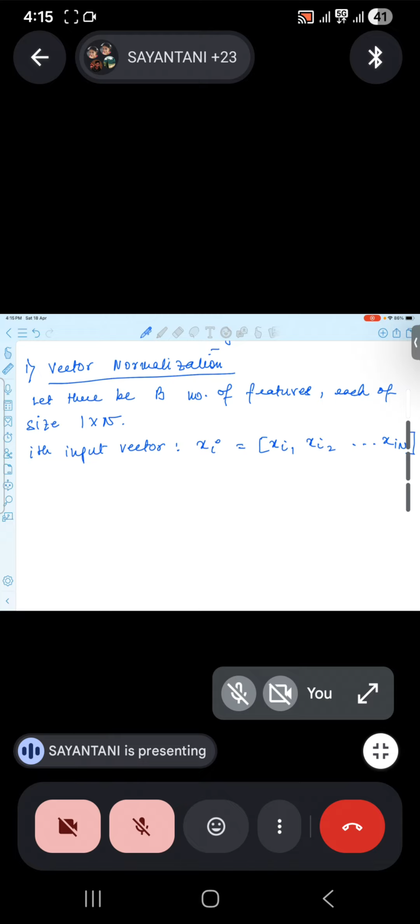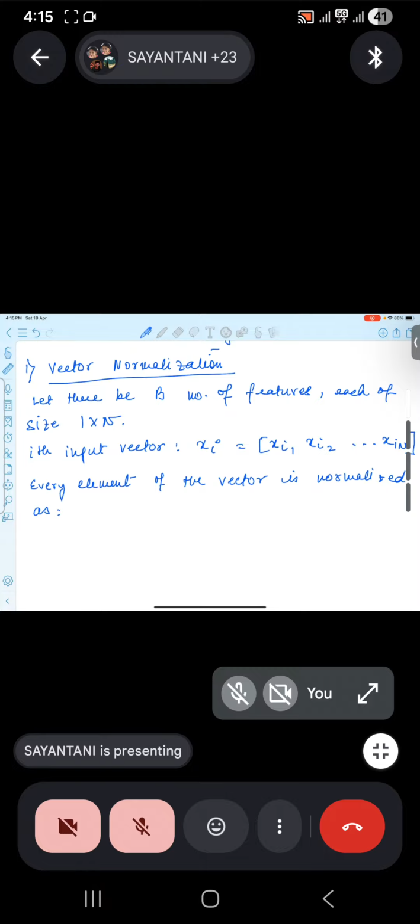Now you need to normalize each of this feature element. So every element of the vector is normalized as, you know this particular type of normalization technique.